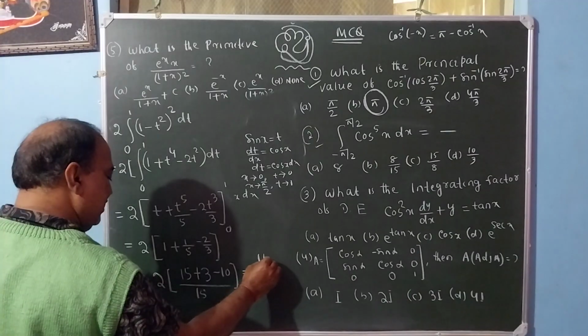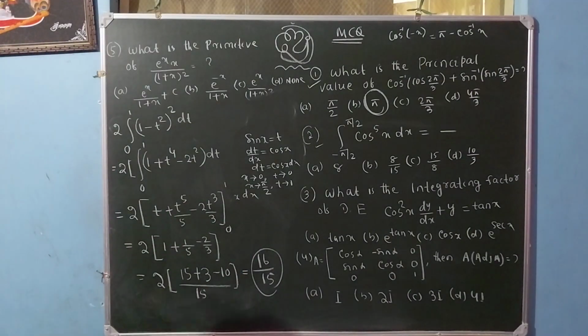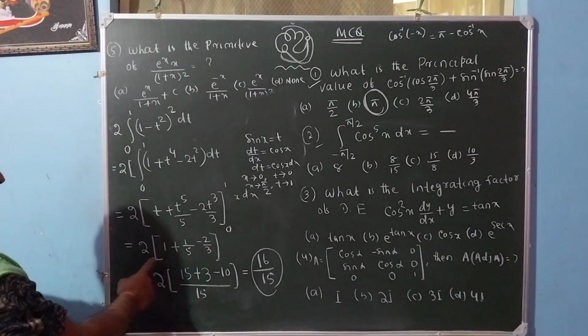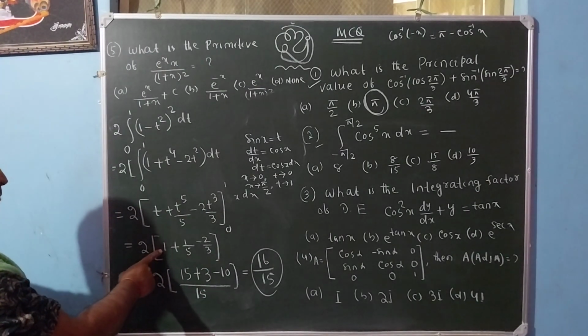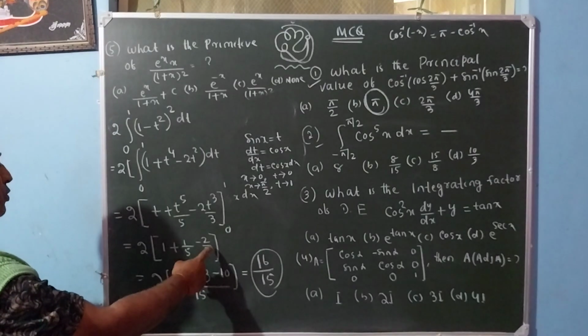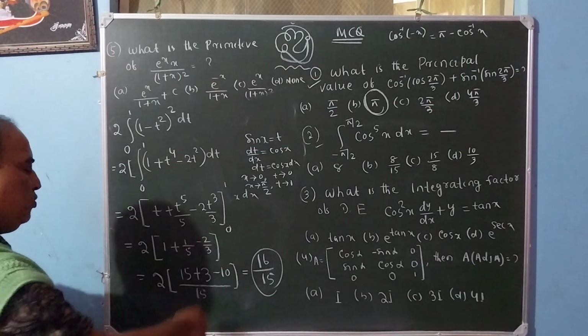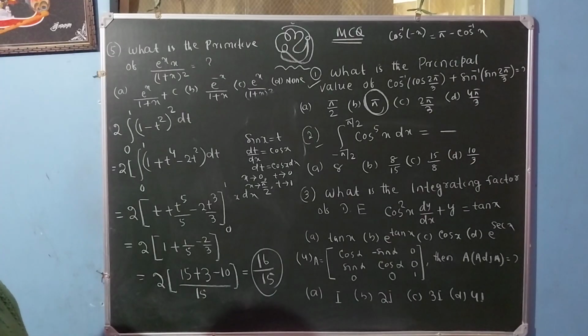It is 8 by 15, and 8 into 2, that is 16 by 15. Let me check again: 5 into 3 is 15, 15 plus 3 is 18, 18 minus 10 is 8, and 8 into 2 is 16 over 15.